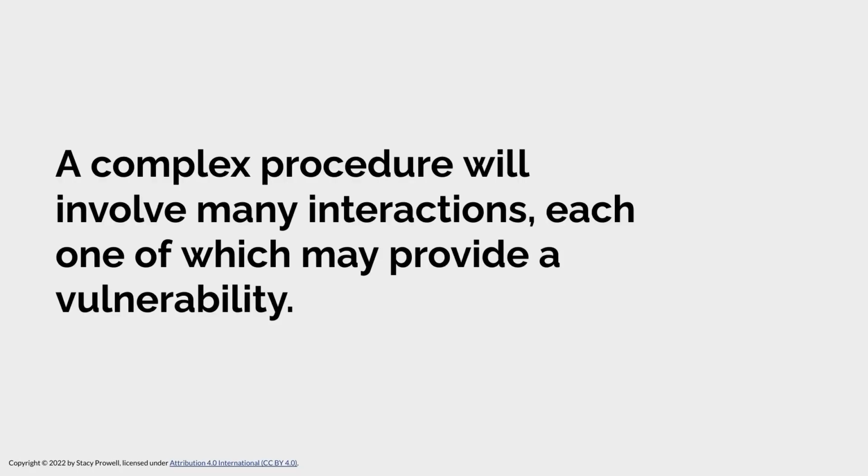So a takeaway from this is a complex procedure is going to involve many interactions. Each of these can provide a vulnerability. I can get a vulnerability by messing with the linker's preload. I could potentially create my own program loader and trick you into finding and linking with that. There are a number of ways I can get into some mischief with this.